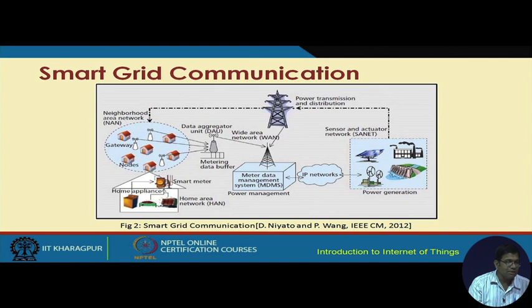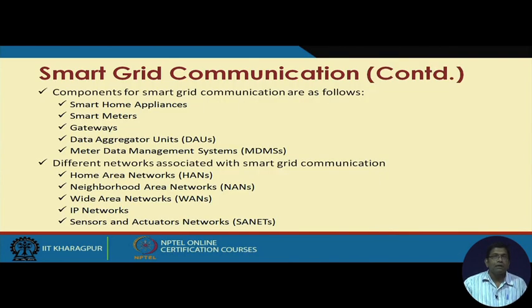The service provider and intermediate systems can be receiving some of this information from the consumer through their smart meters and so on. So, you see that what we have is not only the flow of energy, but also the flow of information. So, communication is very important. One of the important components of smart grid is the communication component.